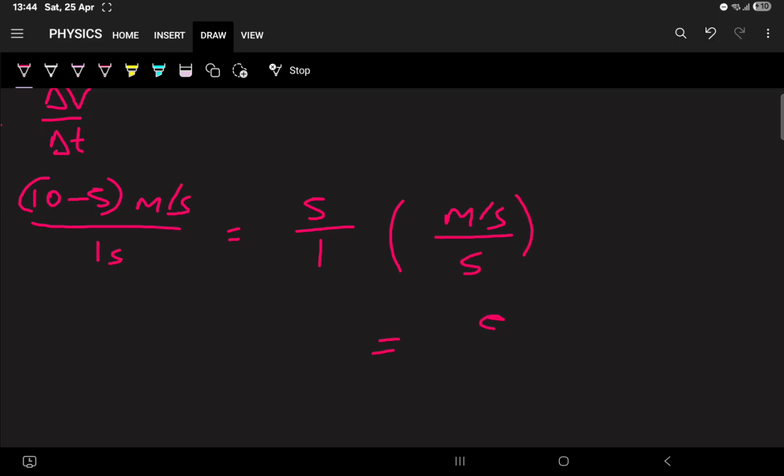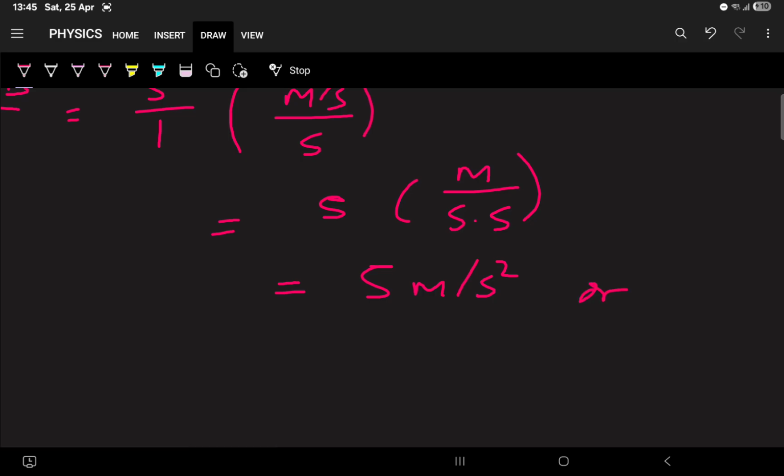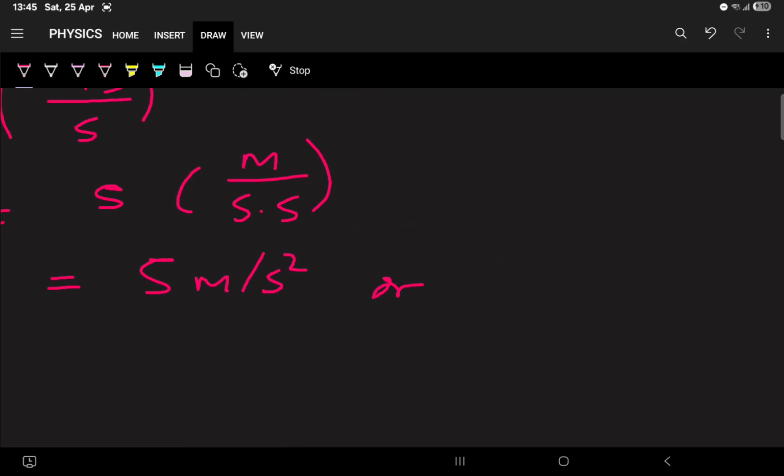This is going to give us 5, taking care of the unit, meter per second. The second will come down here and multiply the second here. So this is going to be 5 meters per second squared, or in index form, expressing s, 5 ms^-2. This is our acceleration.